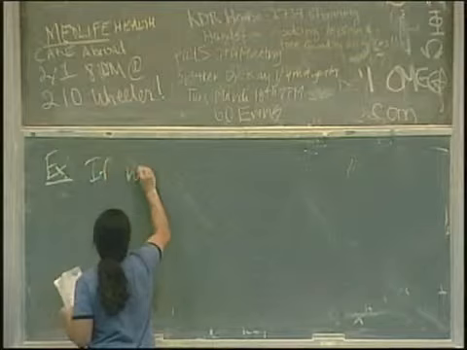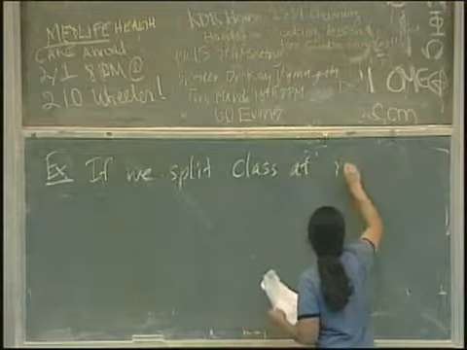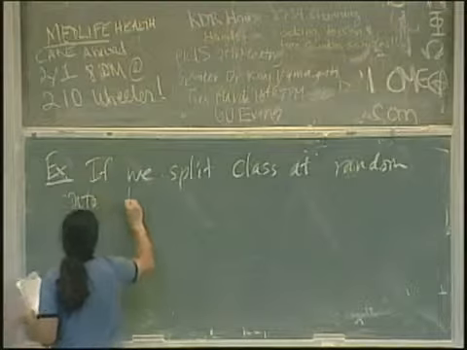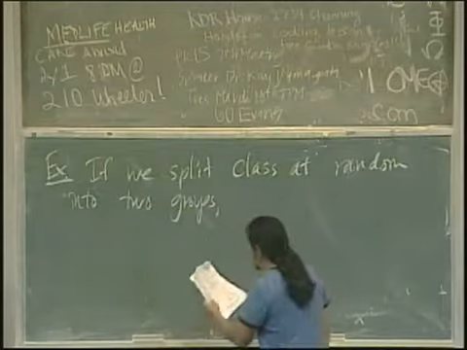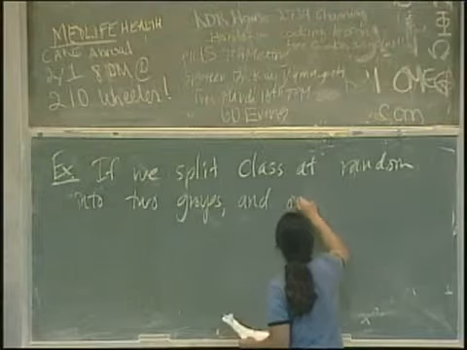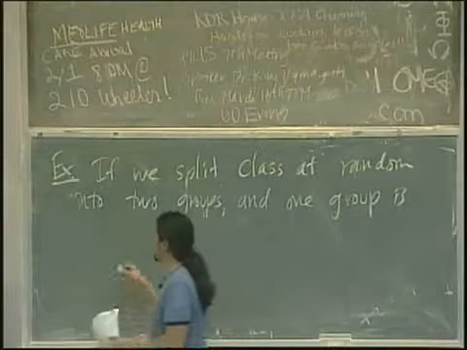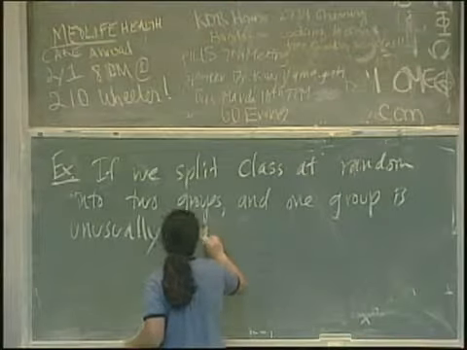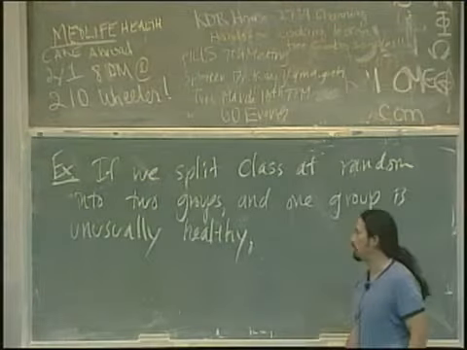So if we split the class at random into two groups, and one group is unusually healthy, what would you expect you could say about the other group?